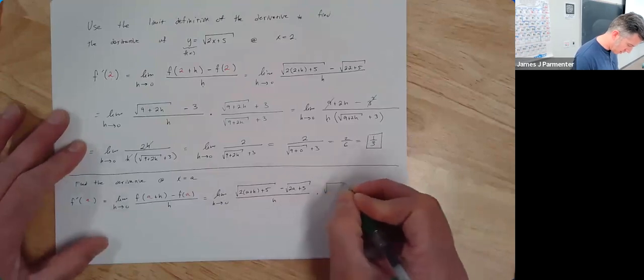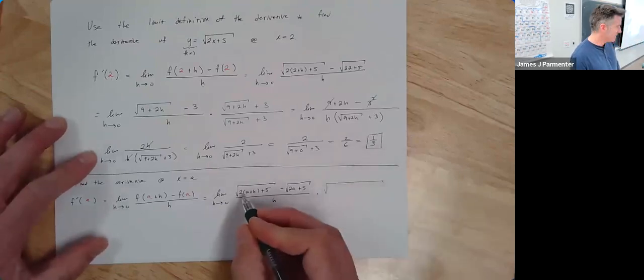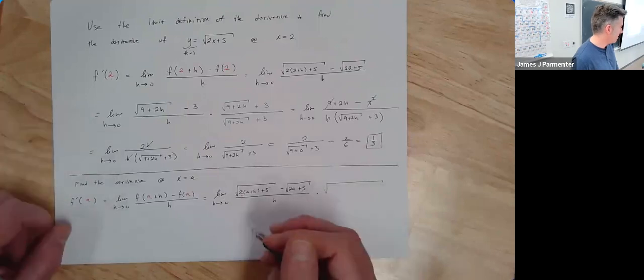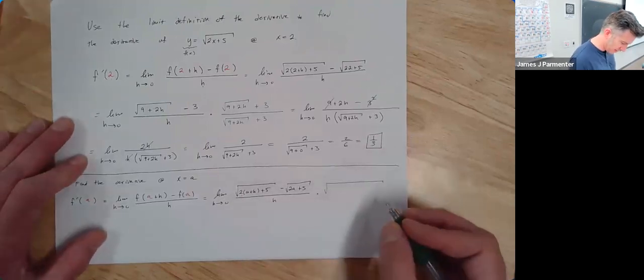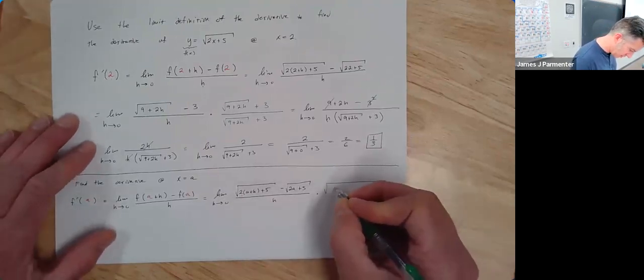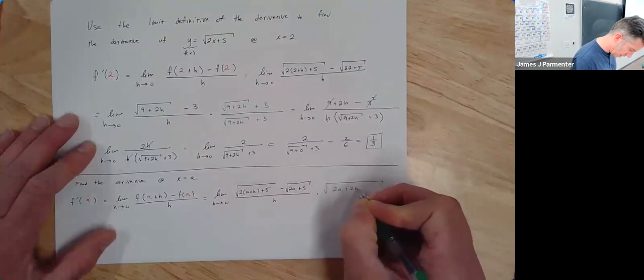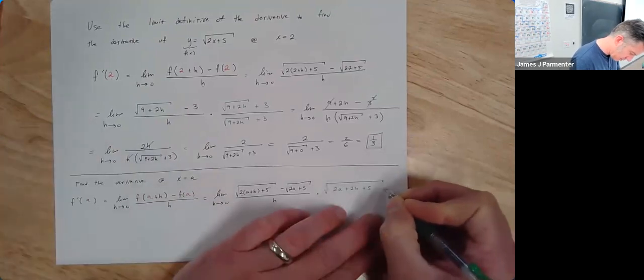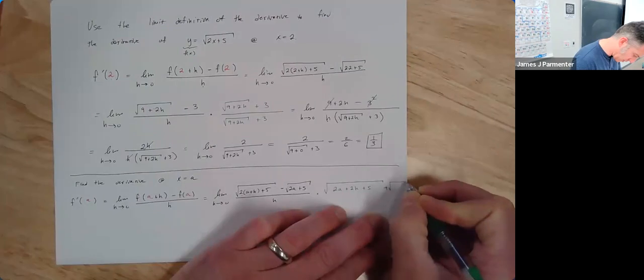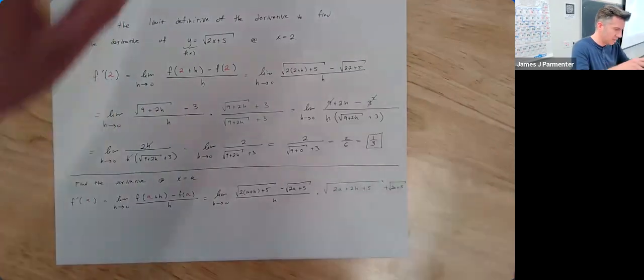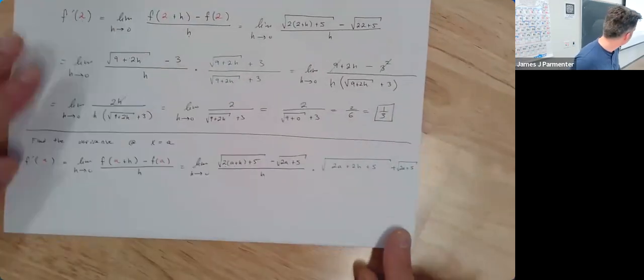The conjugate is going to be, I could write this as the square root of 2a plus 2h plus 5 if I wanted to. I think I made my square root too long there. Sorry, the square root of 2a plus 2h plus 5 plus the square root of 2a plus 5. And I'm squeezing that in there. I apologize. That looks kind of gross.